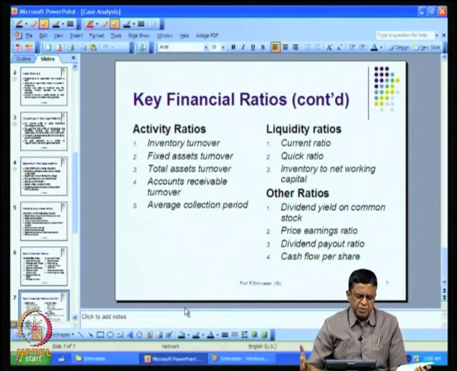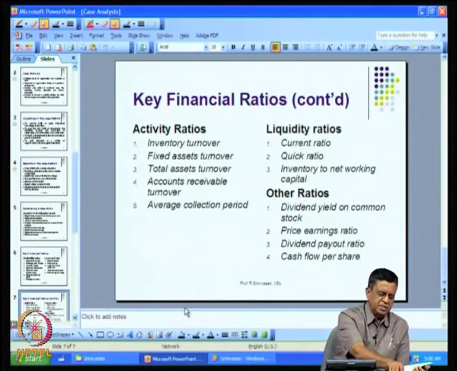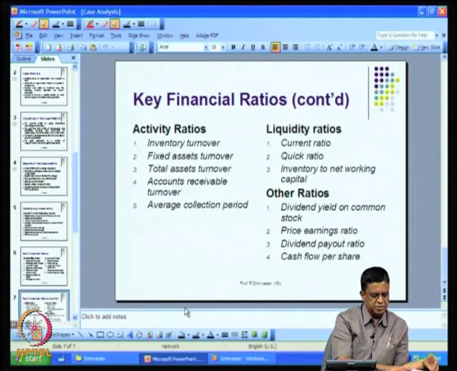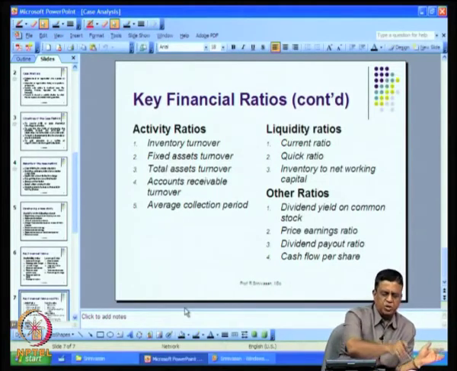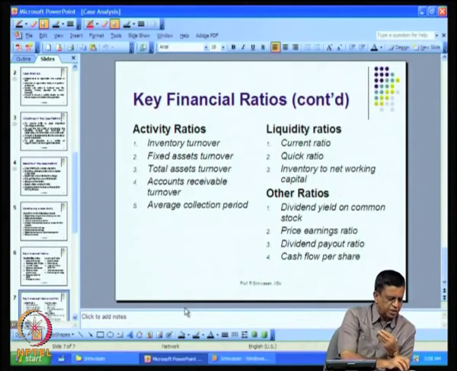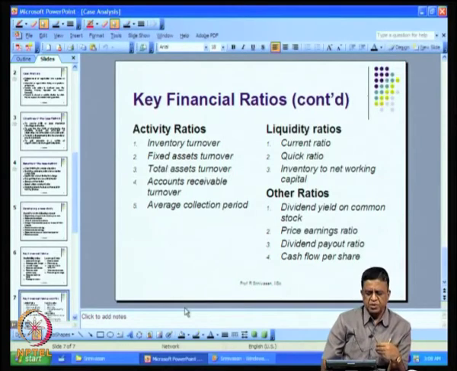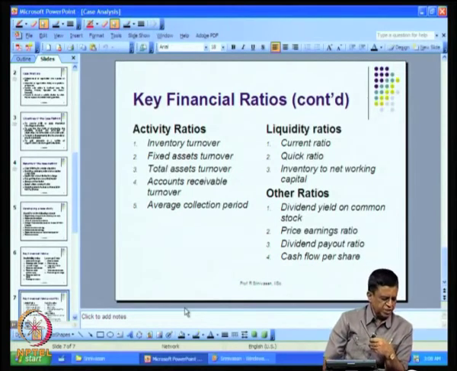Before we wind up on the ratios, what are the other ratios which may be of interest while analyzing the performance of a case? Other than what we have already listed, we have looked at the profitability ratios, the liquidity ratios, the leverage ratios, and the activity ratios.